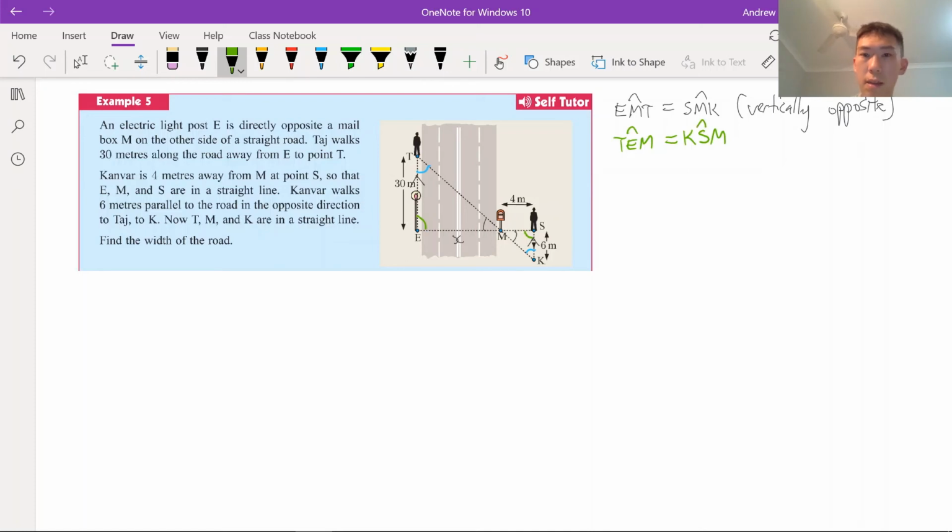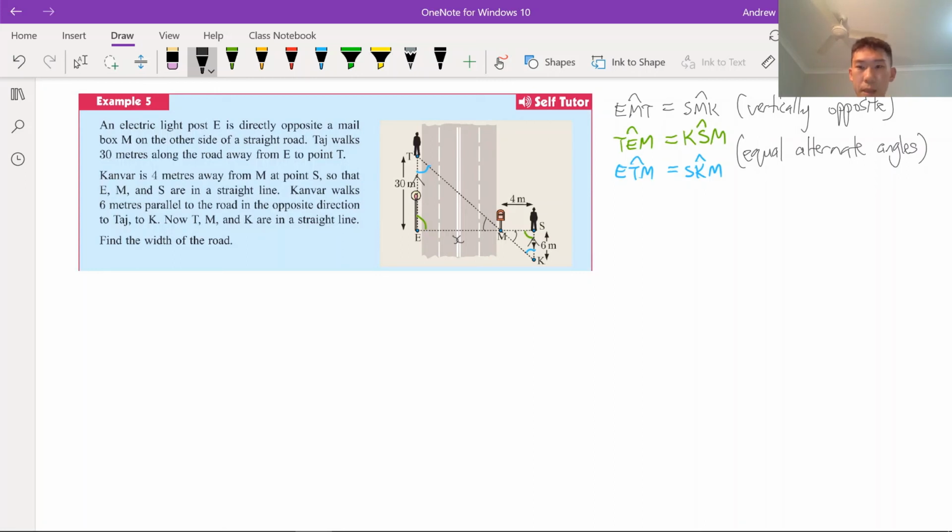Alright, and then in blue, we have angle ETM, too many letters here, is going to be equal to SKM. Okay, now the reason for both of those is, I'm just going to write in big brackets, equal alternate angles.